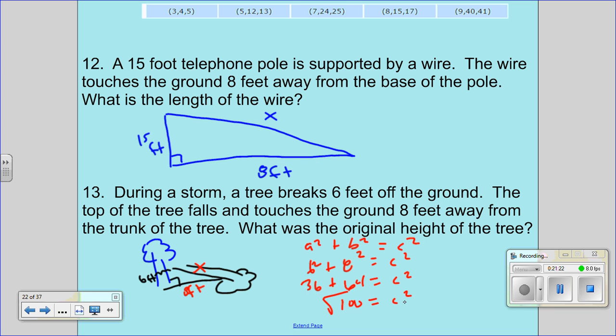And then you take the square root. So 10 is equal to c. So 10 is the broken part. But we want the original height of the tree. So when you take the broken piece plus the 6 feet to get the original height, so 10 plus 6, or 16 feet is the original height of the tree.